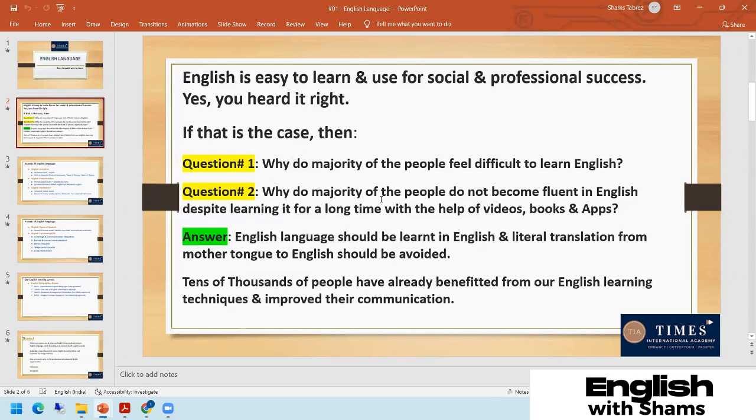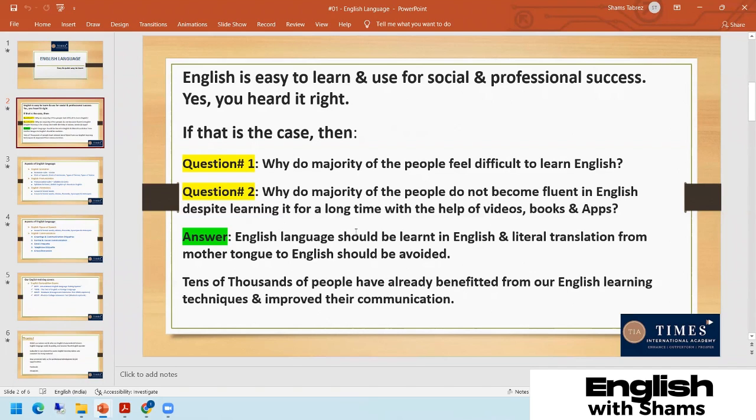Why? Because English should be learned in English. Literal translation from mother tongue to English should be avoided. That's why people don't become fluent in English, because they try to learn English in their own mother tongue.